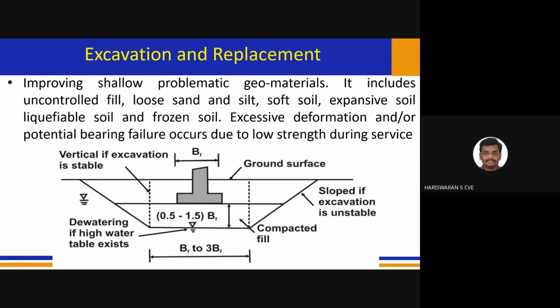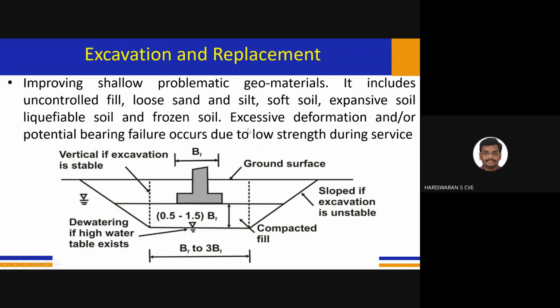If you find that a particular region of the soil can be removed and a good material can be dumped there with proper compaction, we can achieve the end result, a proper distribution of the load. It improves shallow problematic ground, including uncontrolled fill, loose sand, silt, expansive soil, liquefiable soil, whatever it may be.